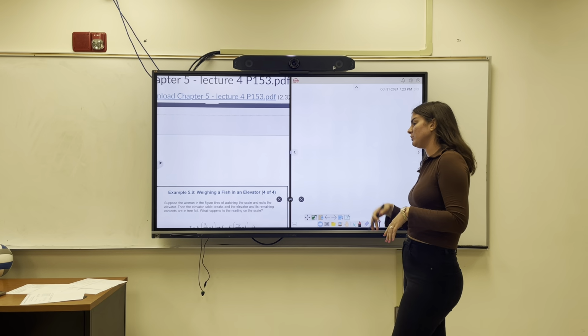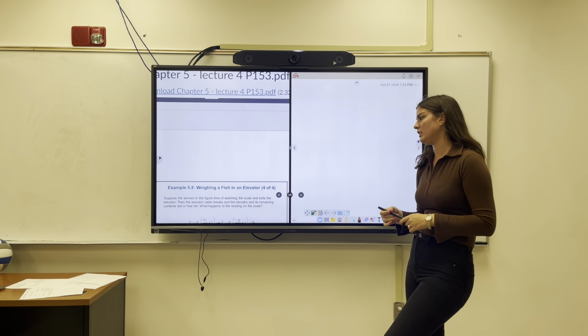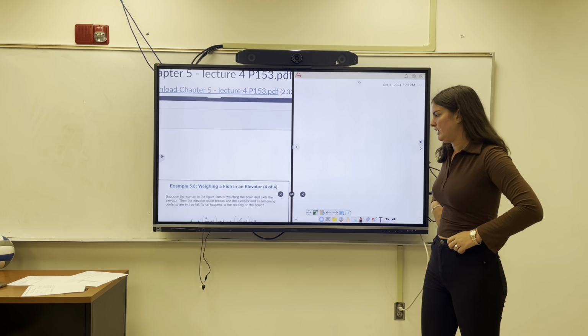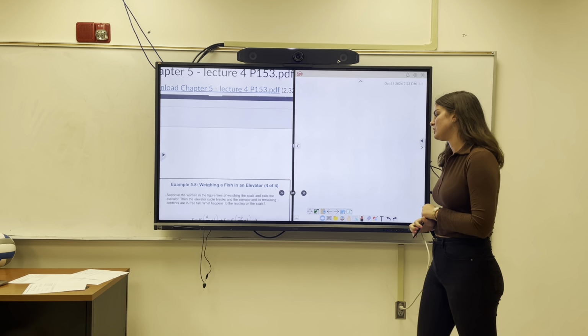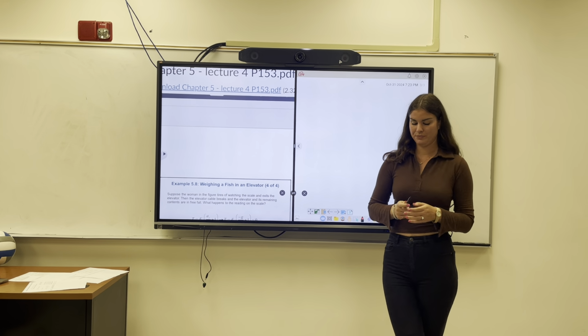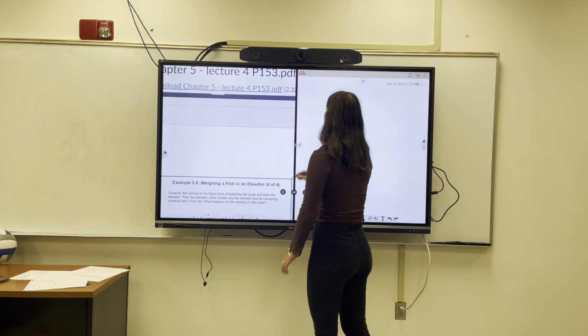Then the elevator cable breaks, and the elevator and its contents are in free fall. What happens to the reading on the scale? If things are in free fall, what is the formula going to look like?